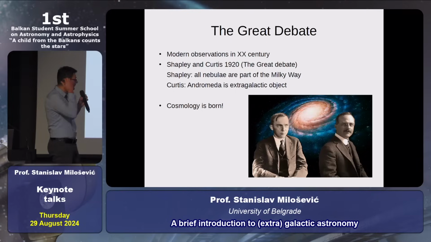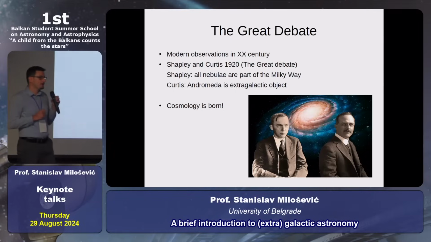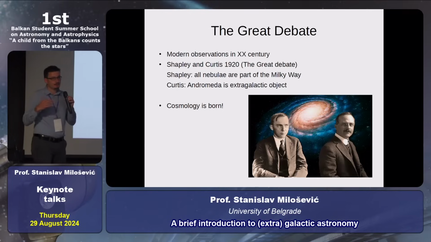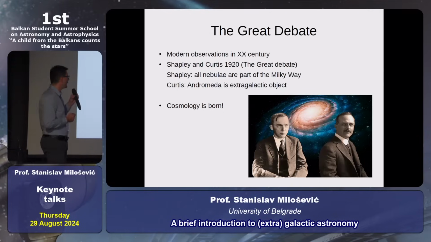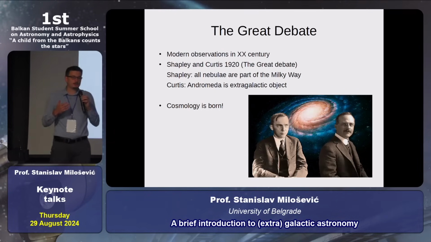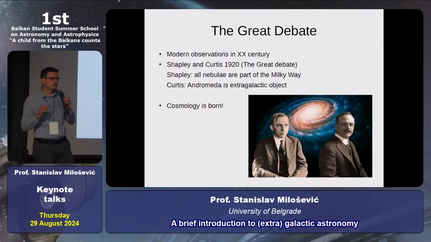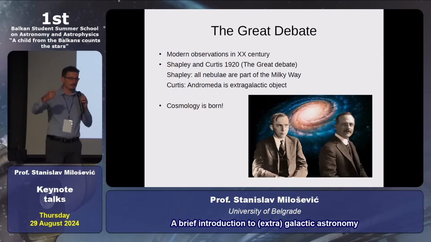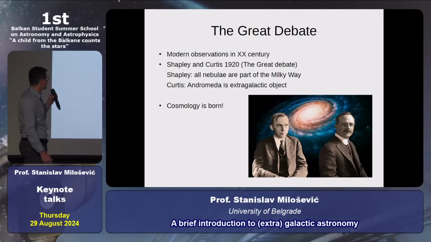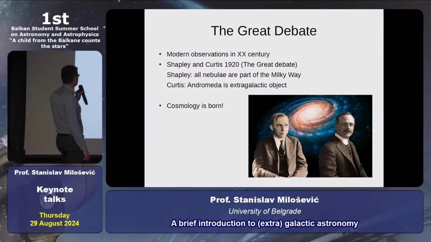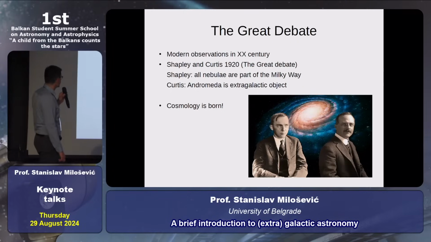When we built telescopes with, let's say, 1 meter in diameter, we could see some new extragalactic objects. One of them is, of course, M31, a little bit better than before. Then we opened the debate: are those faint objects that we can see outside of our galaxy, are they extragalactic objects, or are they nebulae in our own galaxy? There was the Great Debate in 1920 between Curtis and Shapley.